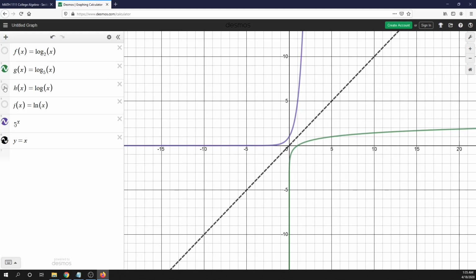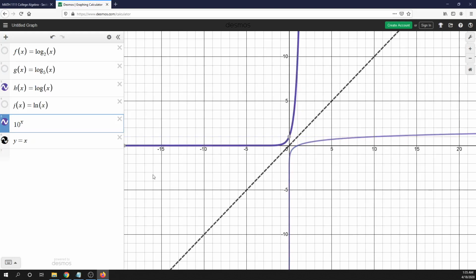And the inverse of the common log, which is log base 10, is 10 to the x. You can see that once again that is symmetric about the line y equals x. So that's essentially a really close relationship between exponential functions and logarithmic functions. They are the inverses of each other.